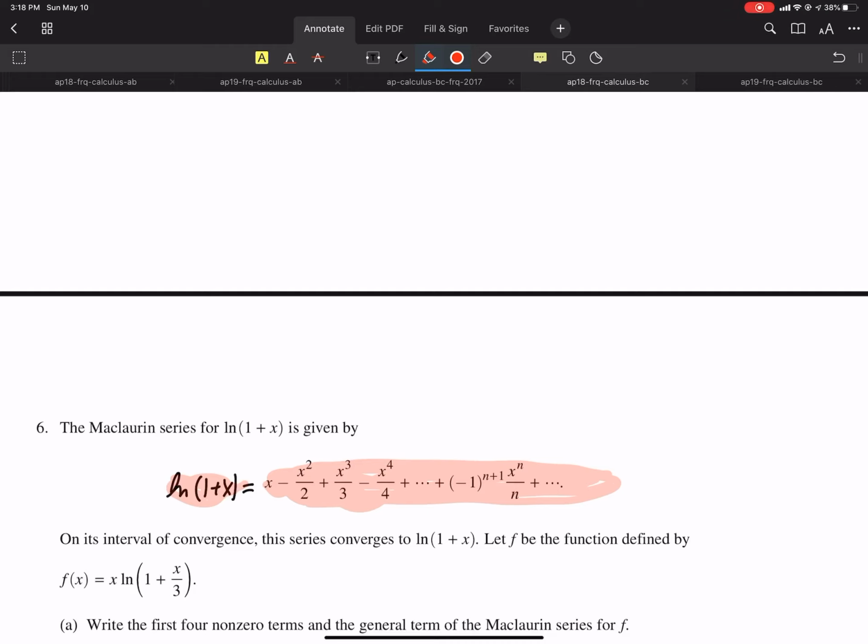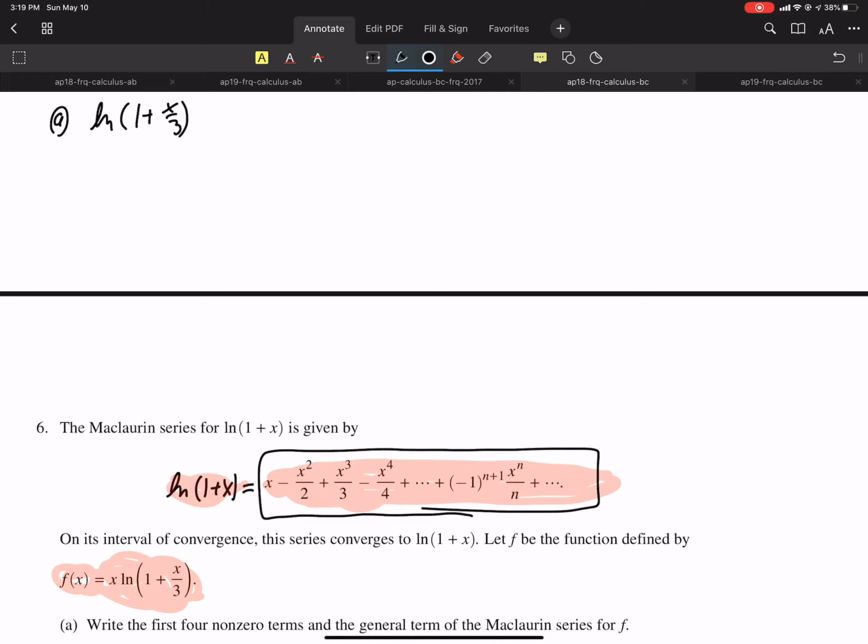Basically, if you look at this function here, they first replaced all the x's with x over 3. So that's what I'm going to do first. I'm going to say ln of 1 plus x over 3. So right here on the right side, I'm going to replace all the x's with x over 3.